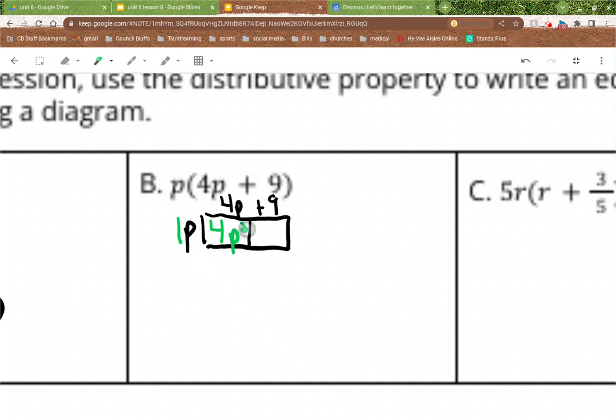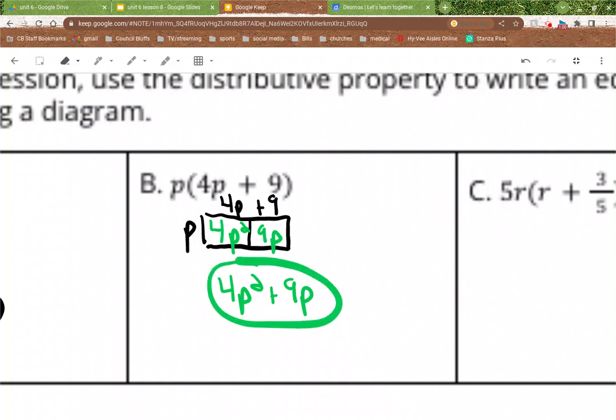So this is 4P squared. And then the other one is going to be 9 times P, which is 9P. So the answer is 4P squared plus 9P. So that is your answer for B.